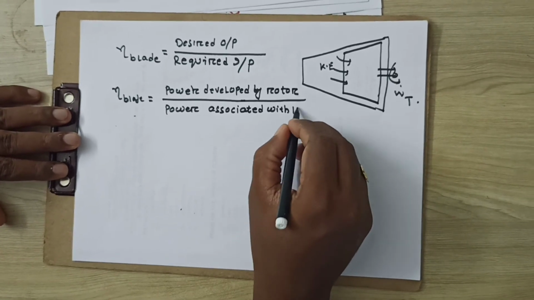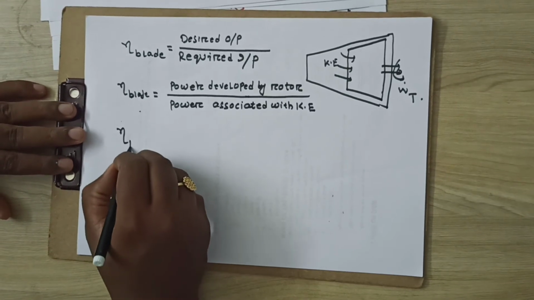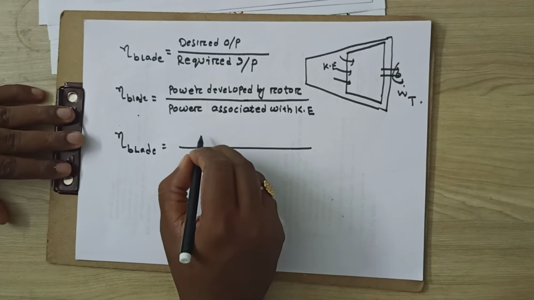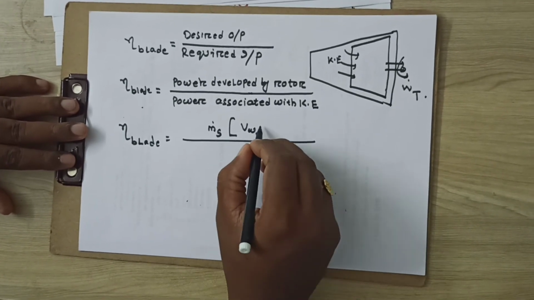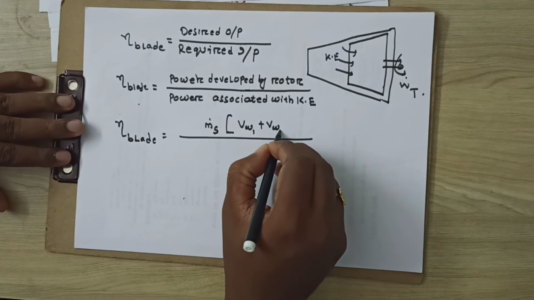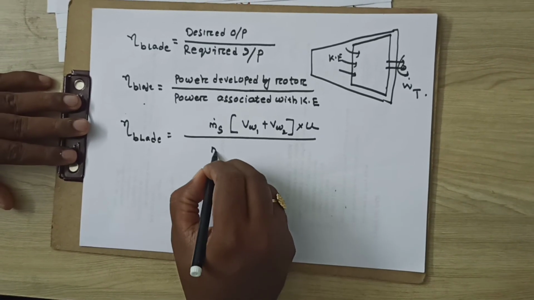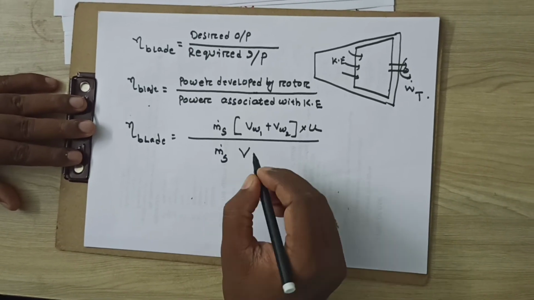Okay, so this eta blade will be mass flow rate of steam whole into VW1 plus VW2 into U, divided by m dot steam V exit.